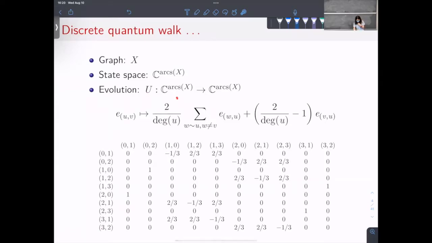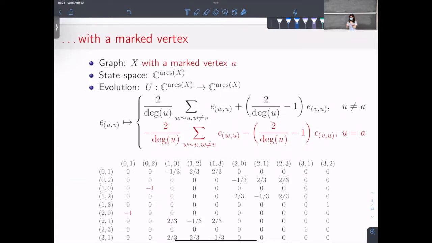It updates your states by multiplying by U. Okay, and we can specify the action by giving the image of the basis. So if you pick any arc uv, then it's going to be sent to a linear combination of arcs coming into u. And if this arc is opposite to the original arc, you get 2 over degree minus 1. Otherwise, you get the coefficient 2 over degree. In that walk, all the vertices are treated equally.